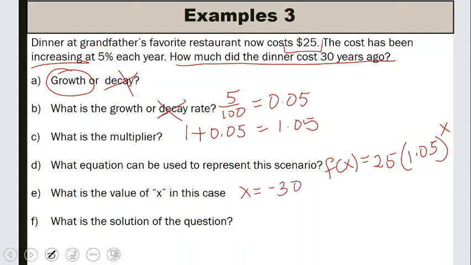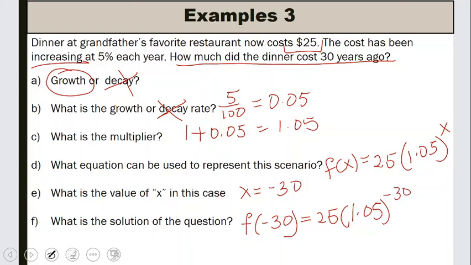To answer this question, we are going to evaluate this function at negative 30. So that would be 25 times 1.05 raised to the power of negative 30.